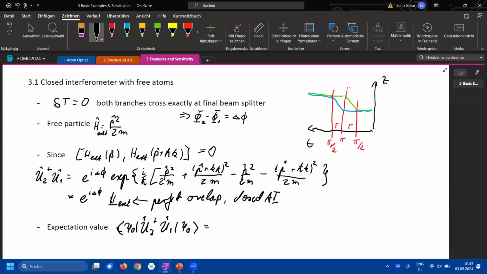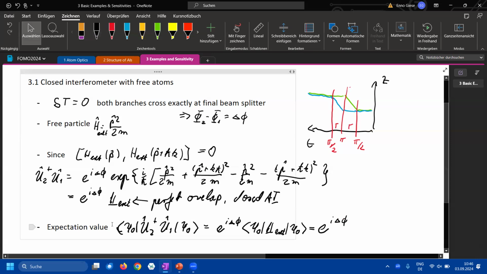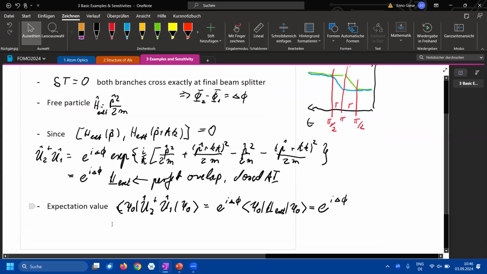And that is just e to the i delta phi, psi naught, identity of the center of mass motion, psi naught. Of course, that is just e to the i delta phi. And so we now see that the visibility, the modulus of this overlap operator, is equal to 1. And we observe the interference signal.